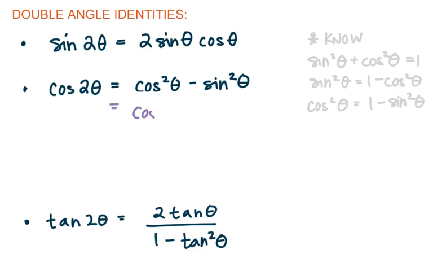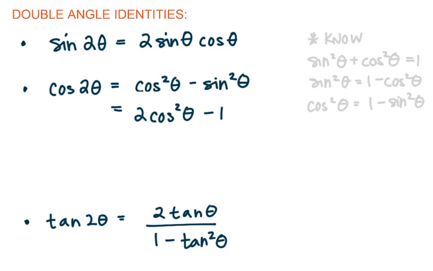So I'd have cosine squared theta minus 1 minus cosine squared theta. So that's going to leave me with a minus 1, and minus a negative, that's going to be plus. So I'll have 2 cosine squared thetas. So I can write this identity as 2 cosine squared theta minus 1.